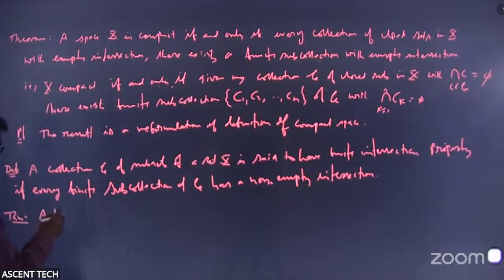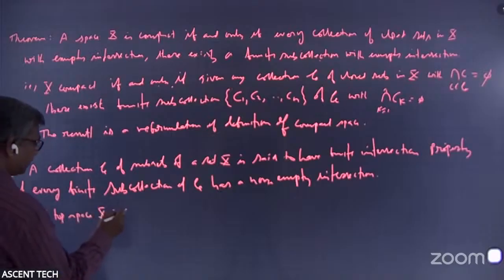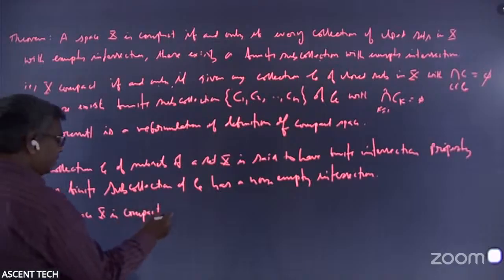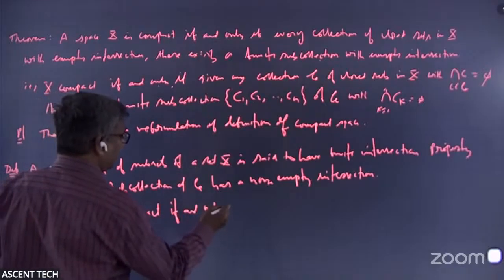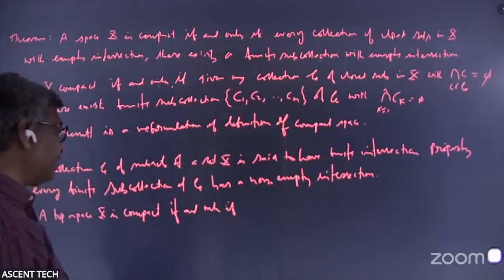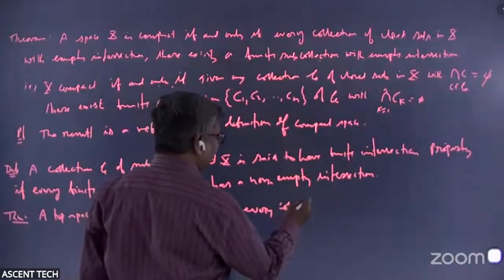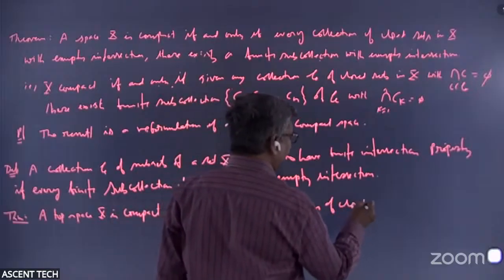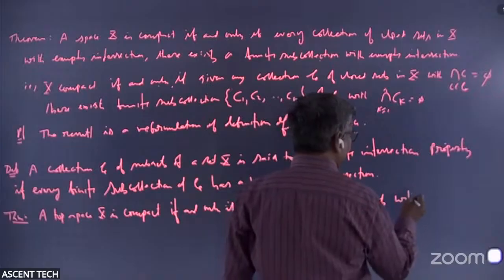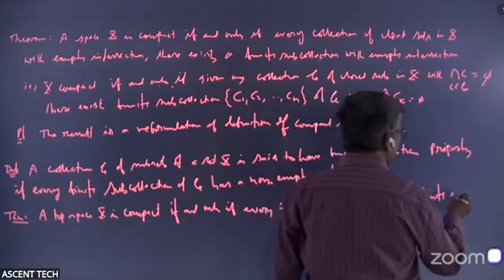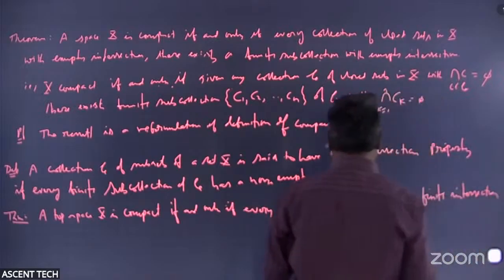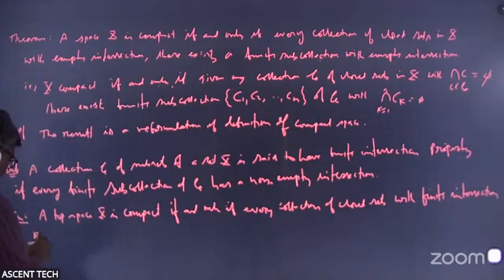A topological space X is compact if and only if every collection of closed sets with the finite intersection property has a non-empty intersection.